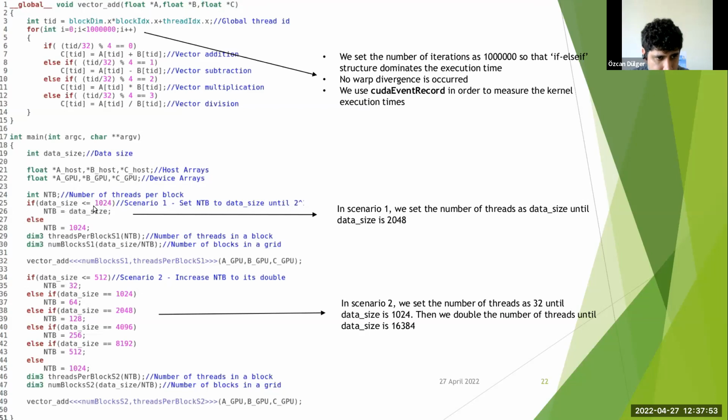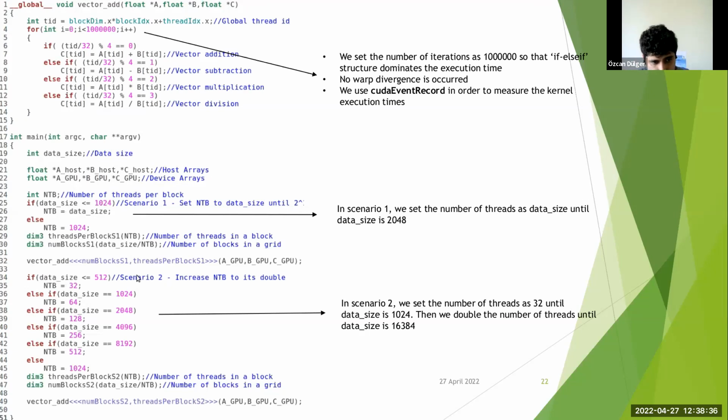In the first scenario, we set the number of threads in a block as the data size, up to a data size of 2 to the power of 11. I will show them in a table in the following slide. At that point we set the number of threads in the block to 1024, because that is the maximum limit.